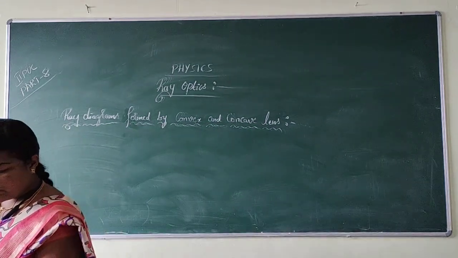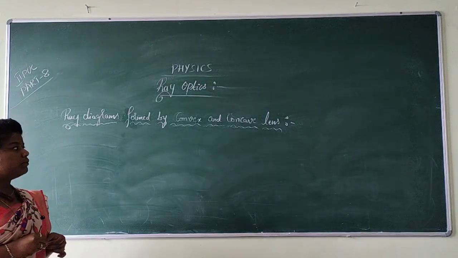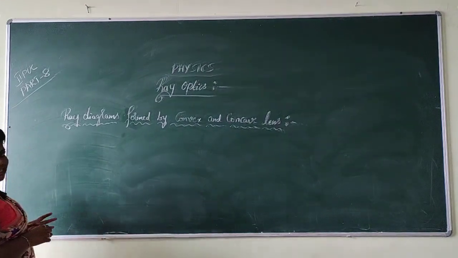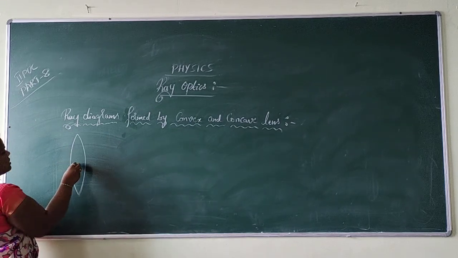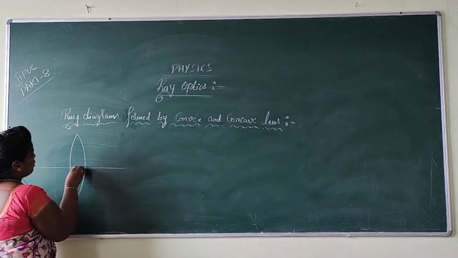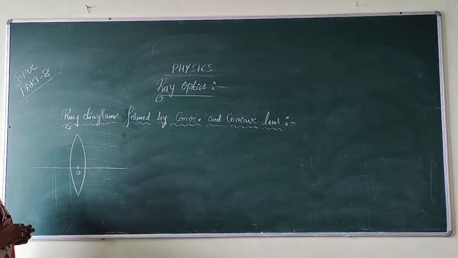Here I am going to update you on the things. I am using the convex lens first. Suppose you consider a convex lens which has a principal axis and also the optic center.